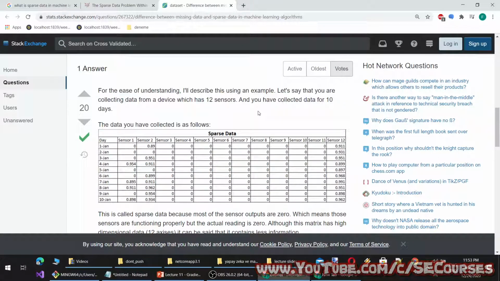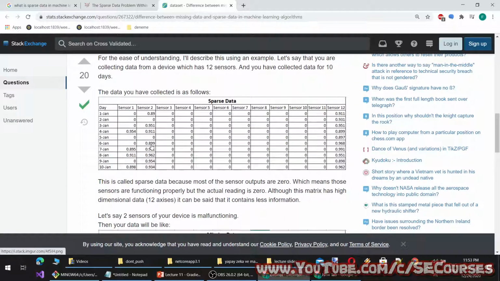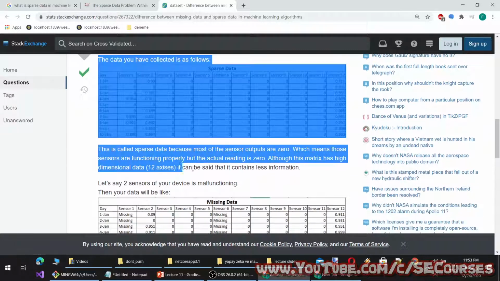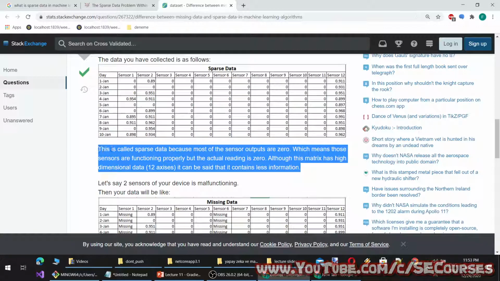For ease of understanding, I'll describe this using an example. Let's say that you are collecting data from a device which has 12 sensors, and you have collected data for 10 days. The data you have collected is as follows. This is called sparse data because most of the sensor outputs are zero.